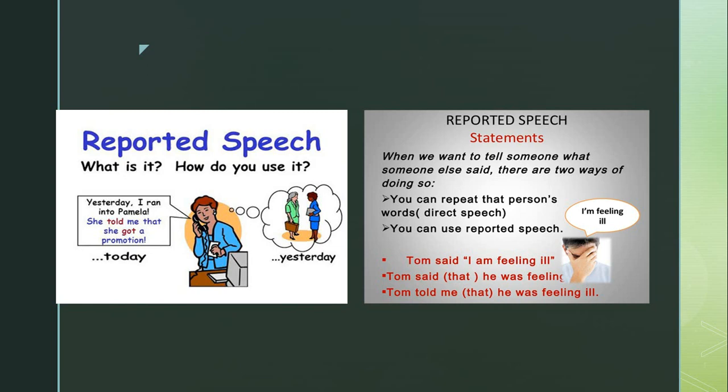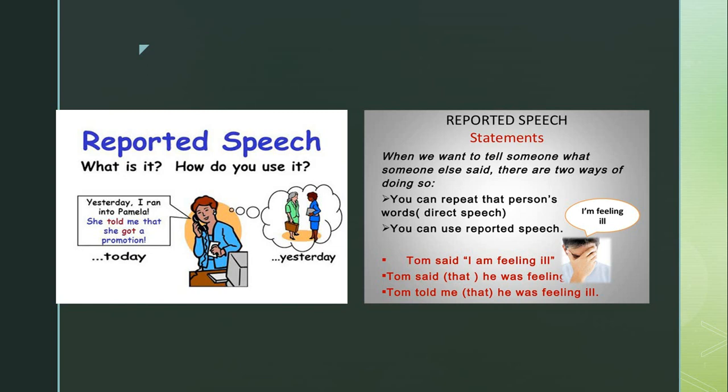Omit all the inverted commas or quotation marks for the reported speech. End the sentence with a full stop. If the verb inside the inverted commas or quotation marks is in the present tense, change it into the corresponding past tense. Children, remember these three things that I am telling you. I will repeat once again.